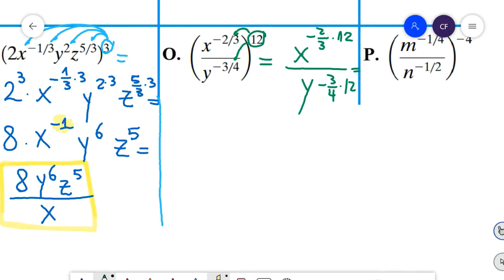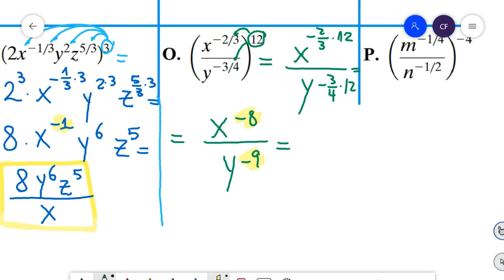See? Equals x negative 2 over 3 times 12. 12 divided by 3, 4. 4 times 2, 8. So negative 8 over, and y, negative 3 over 4 times 12. 12 divided by 4, 3. 3 times 3, 9. Negative 9. But no negative exponents allowed. We need to flip.